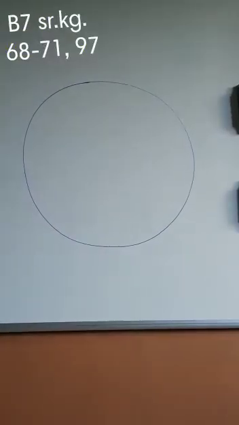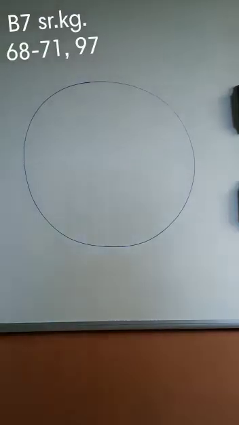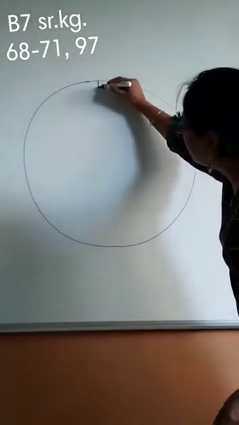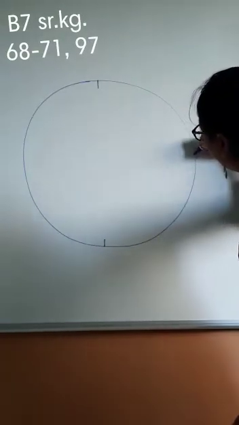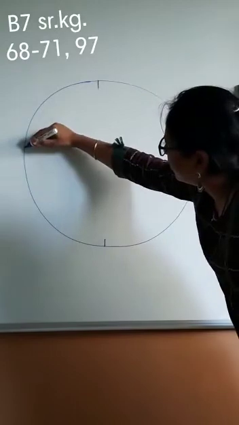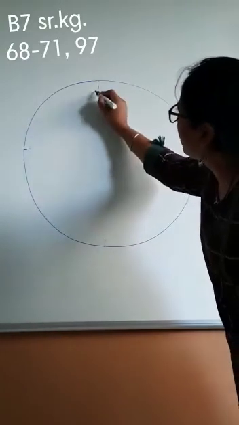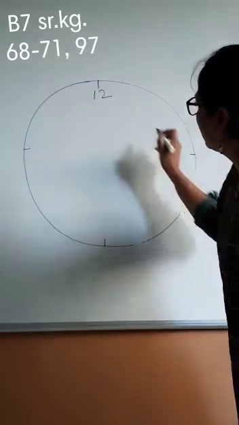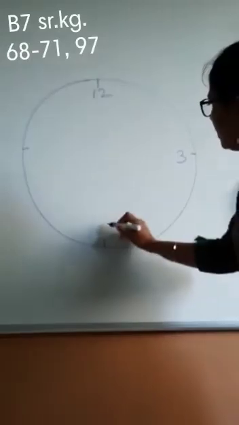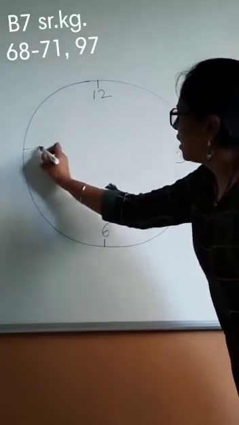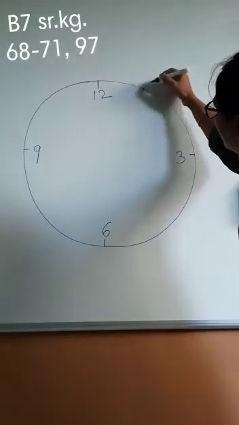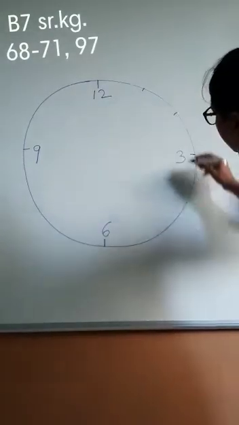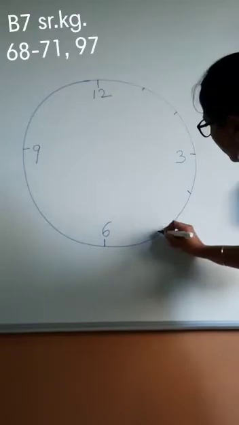First draw the circle. After drawing the circle, what you have to do? Mark the four corners. Here and here. Write their numbers. This is 12, 3, 6, 9. Then make the two parts this way.